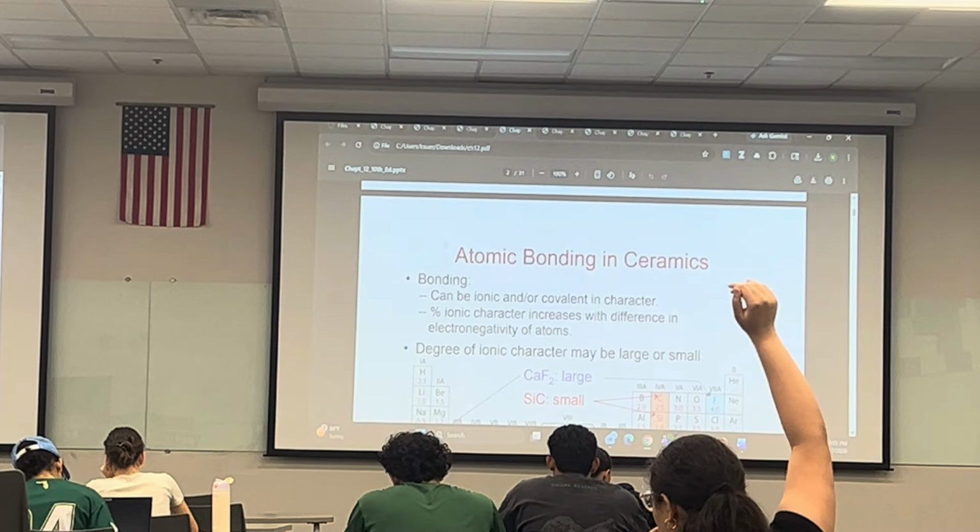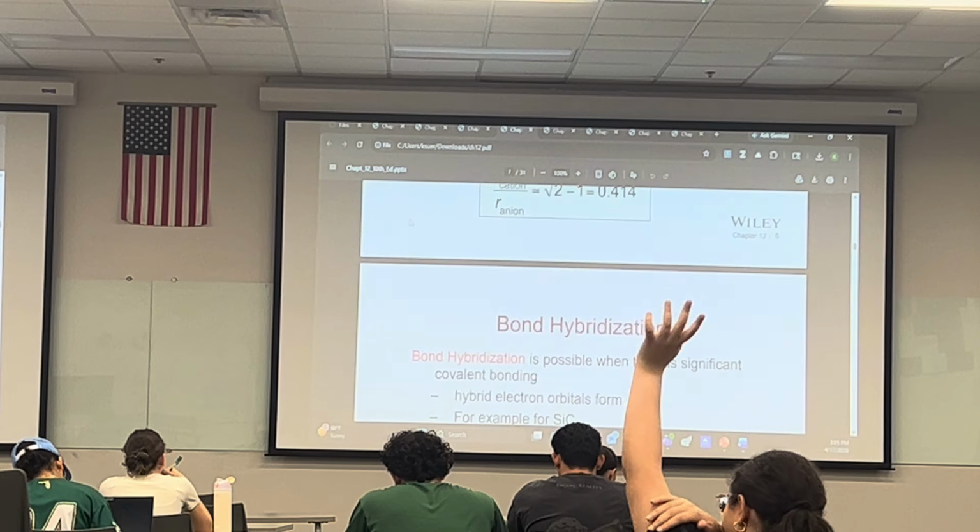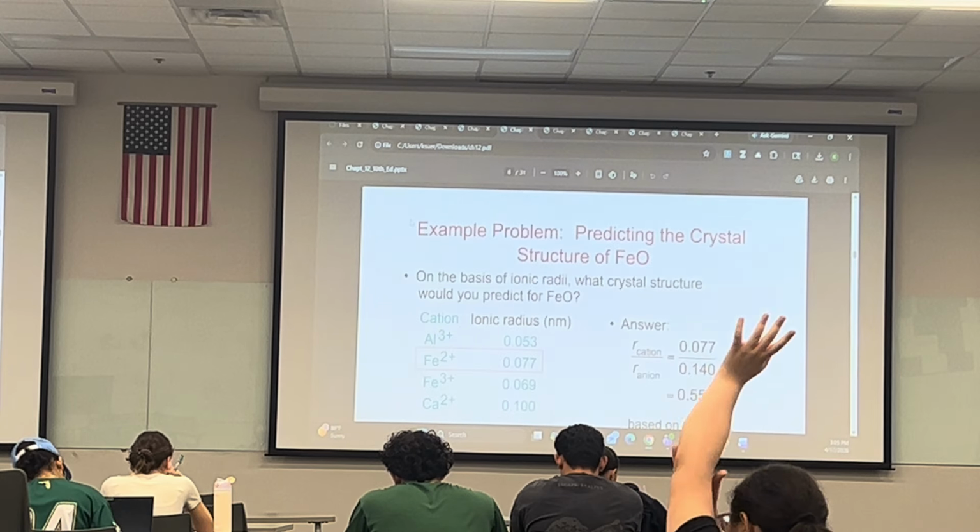We introduced different common structures based on this ratio here, and based on that we had some questions. It's also good to know these structures. Rock salt structure is one of the most discussed in this chapter, and it's one of the most common.